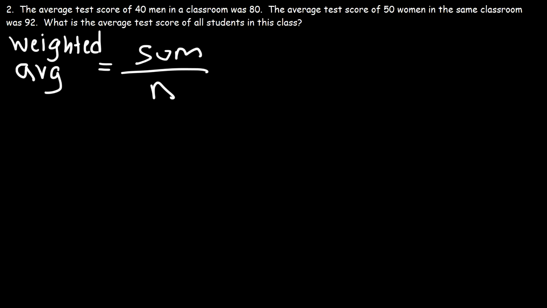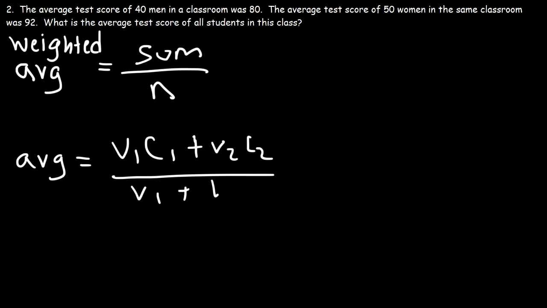In the last example, the weighted average that we used to calculate the concentration of the mixture was based on this formula: V1 C1 plus V2 C2 over V1 plus V2. In this example, we're going to use a formula that's very similar to this, but with different letters because the words are different.